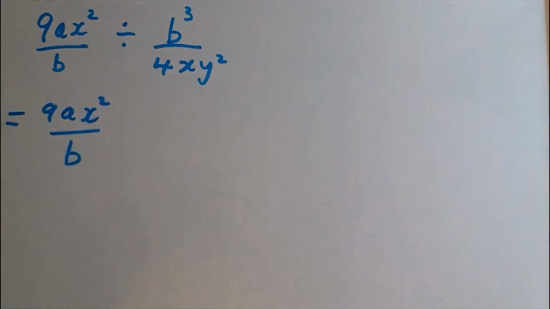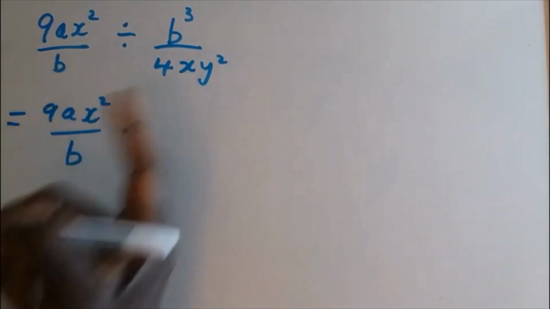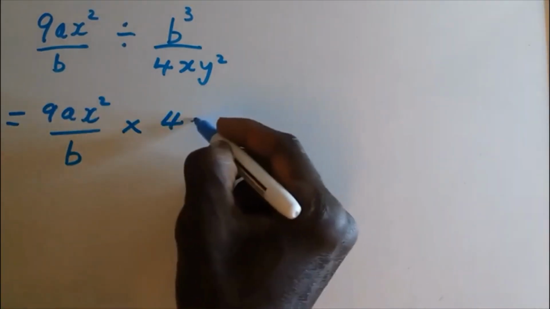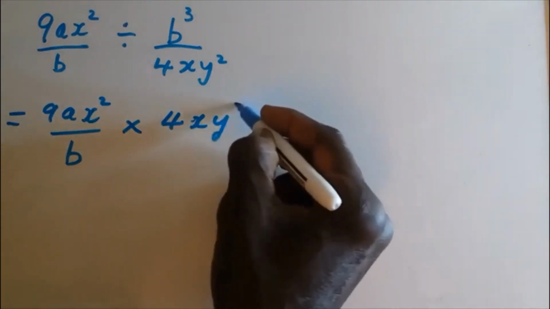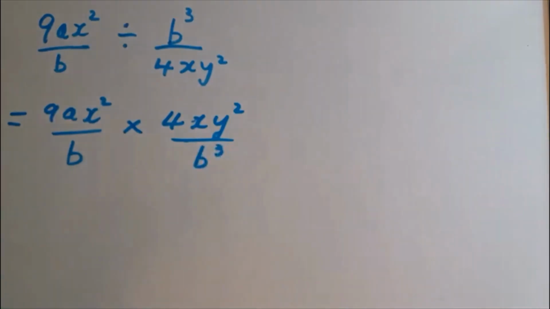Now we're dividing by b cubed over 4xy squared. Means it's the same as multiplying by the inverse of this algebraic fraction, which is 4xy squared over b cubed.